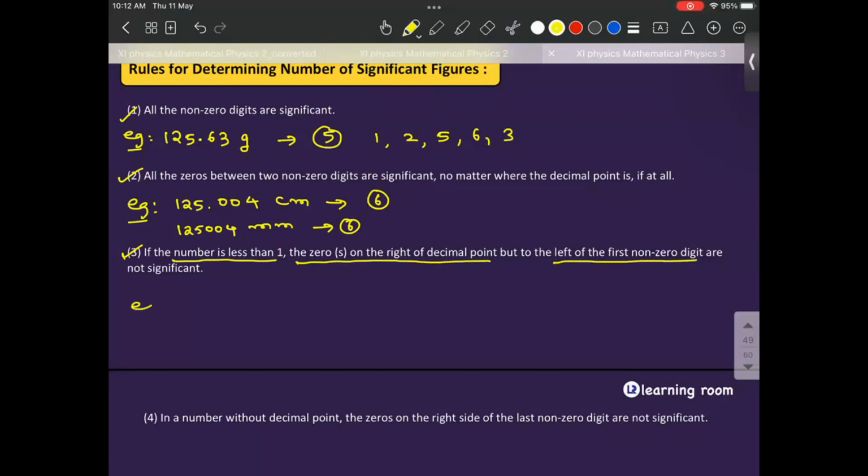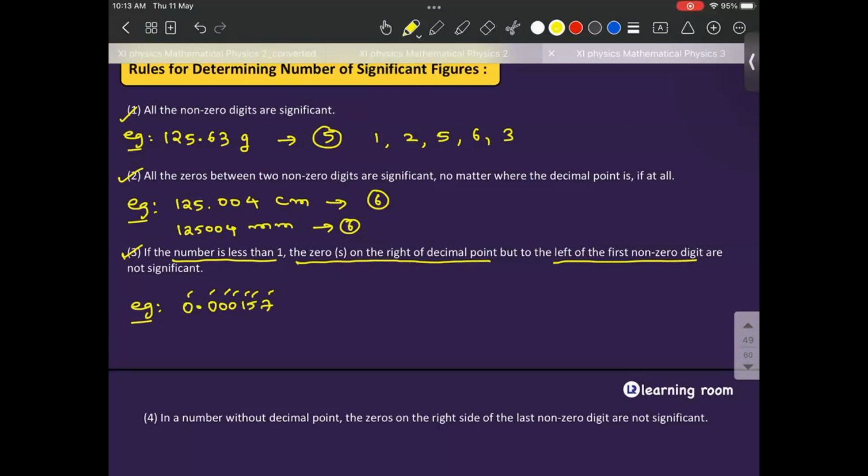Whenever a number is less than 1, its value always starts as 0 point something. Suppose I have 0.000157. If I count the number of digits, 1, 2, 3, 4, 5, 6, 7, I have 7 digits, but are all the 7 digits significant? No, that is the meaning.